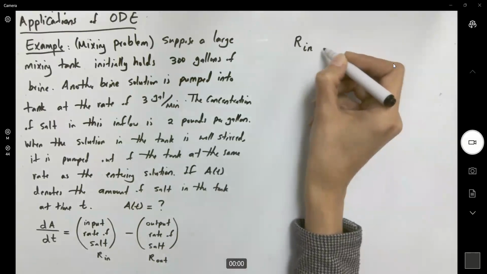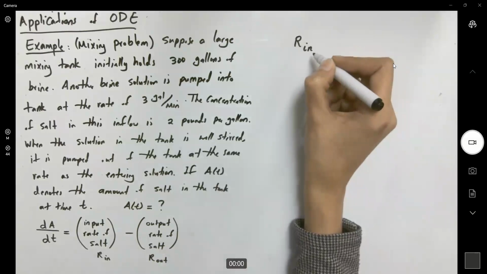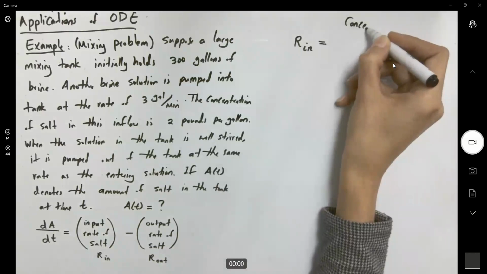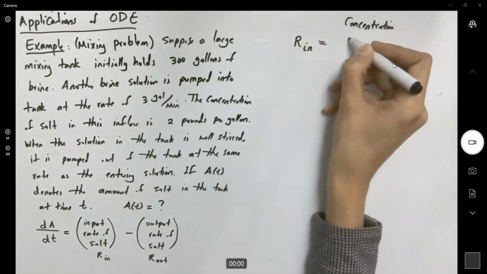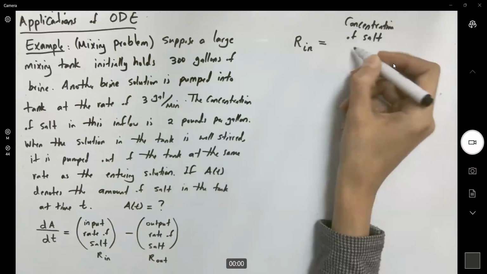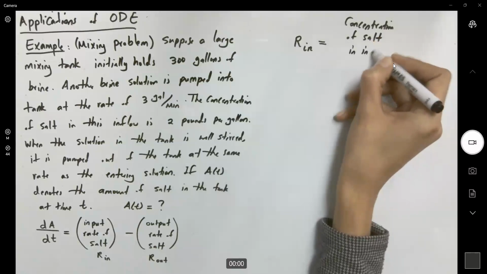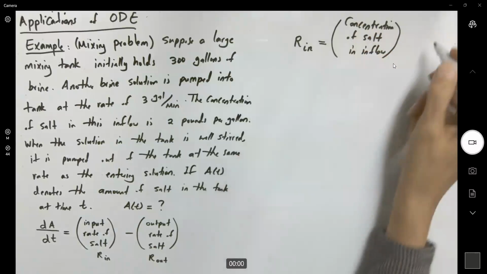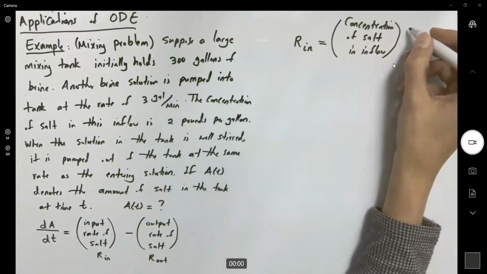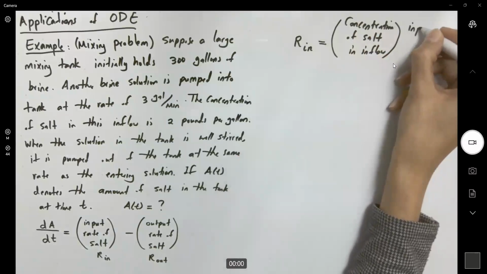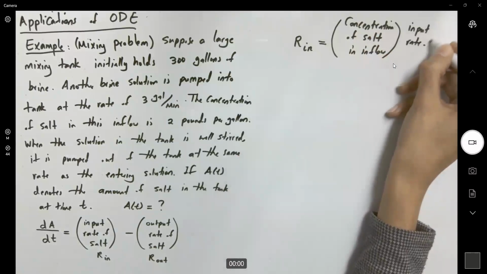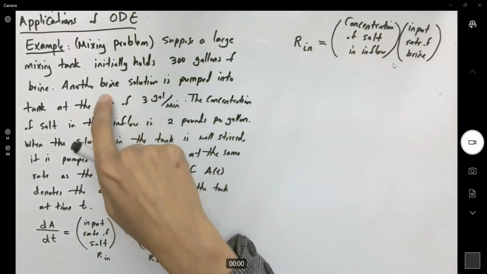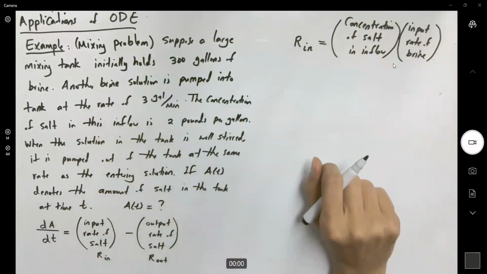R sub in, input rate of salt, is equal to the concentration of salt in inflow times the input rate of brine, because your brine includes salt.